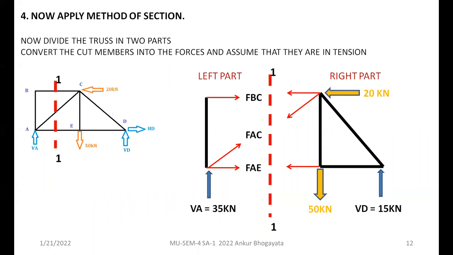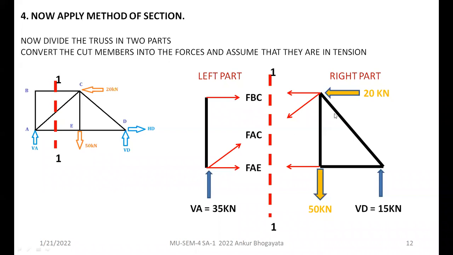So let me repeat once again everything for your clarity. We selected here the section 1.1, the section line which divided the truss in two parts, left hand side and right hand side, as shown in this right hand side figure. And we have replaced all those members which are being cut in the form of a force. Remember, when you cut a member, then only you have to take it as a force.